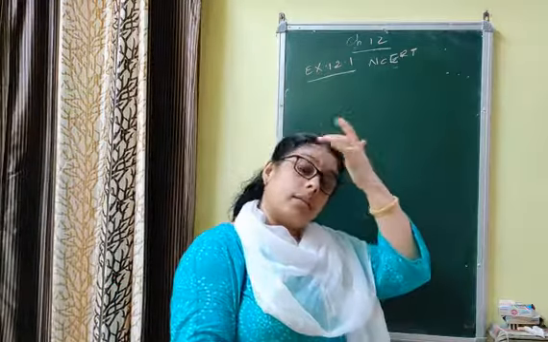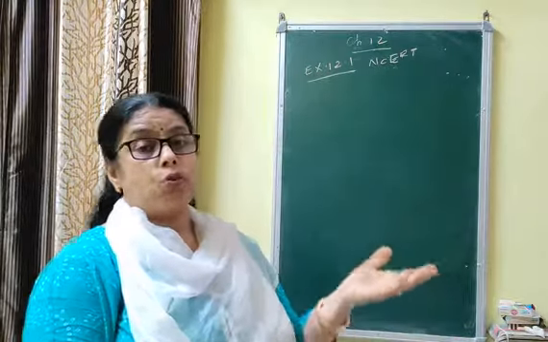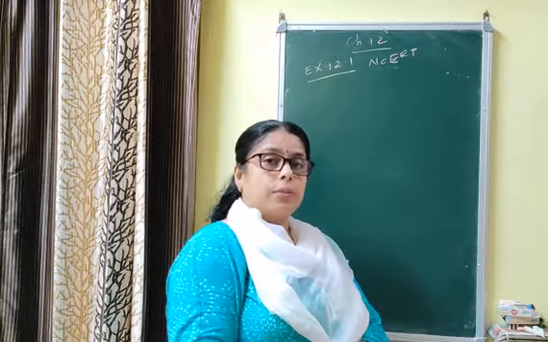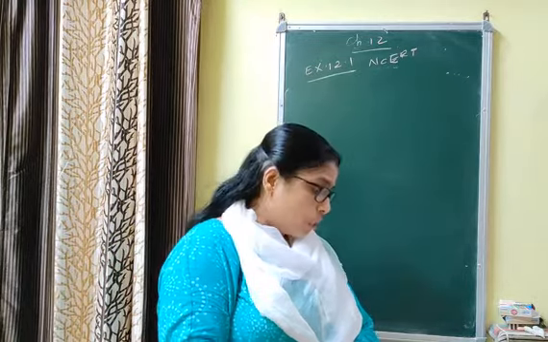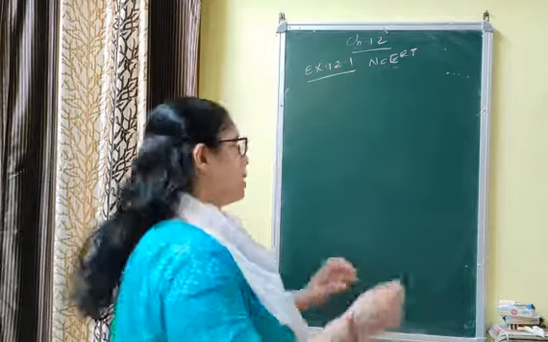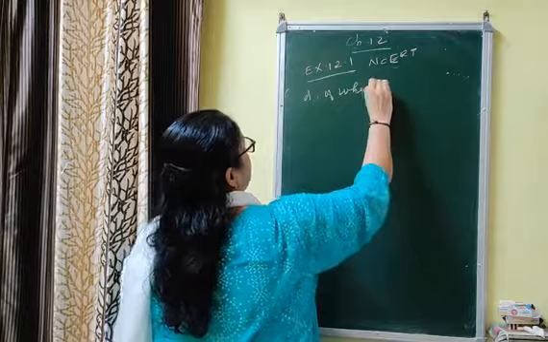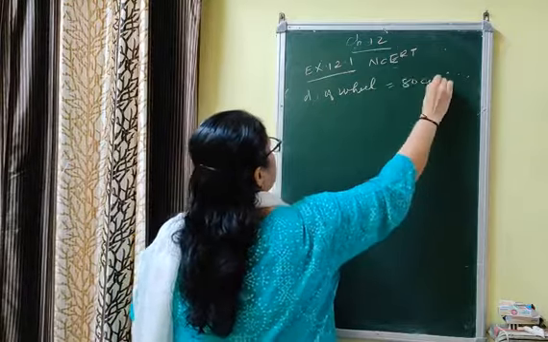And speed is given in hour. You are asked to find in 10 minutes. So first of all, let us change the unit of length to the same. That is diameter of the wheel. Diameter of the wheel is equal to 80 centimeter.